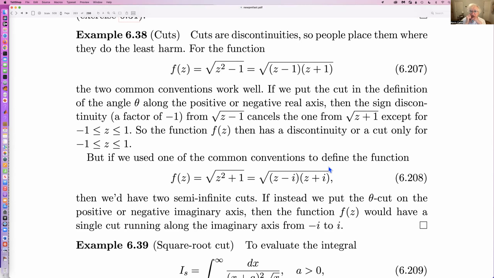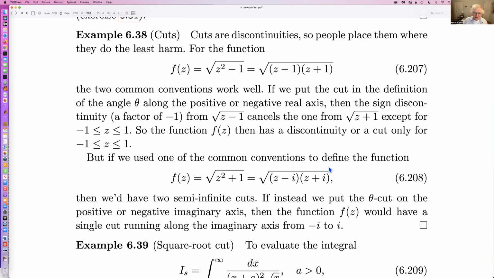Cuts, of course, are discontinuities. People place them where they do the least harm. For the function square root of z squared minus 1, which of course we could factorize, there are two common conventions. We can put the cut in the definition of the angle theta along the positive or negative real axis.